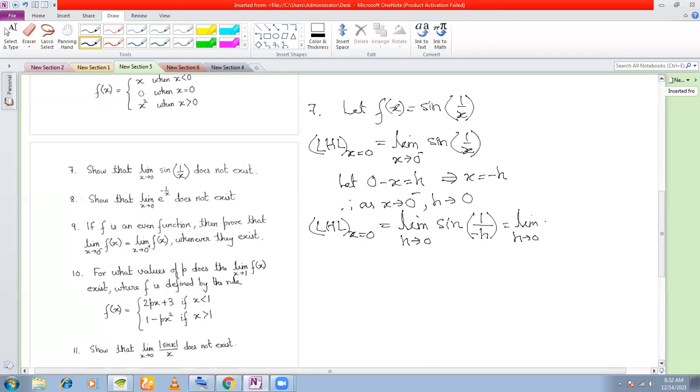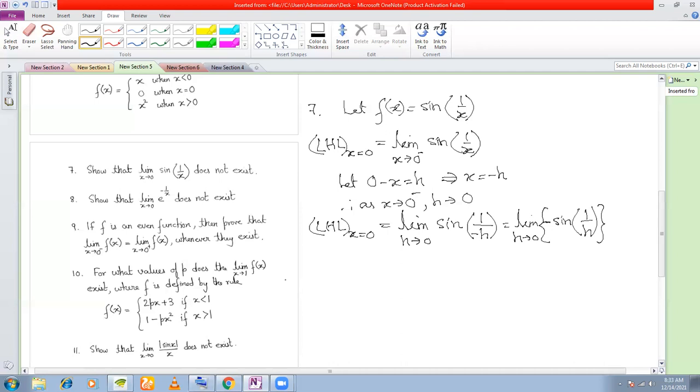You can take the minus sign out to write this as minus sine 1 by h, right? Now, if h is very close to 0, 1 by 0 is infinity, very huge number, right? That means sine of a huge number, what will it be? It will have whatever number you like.